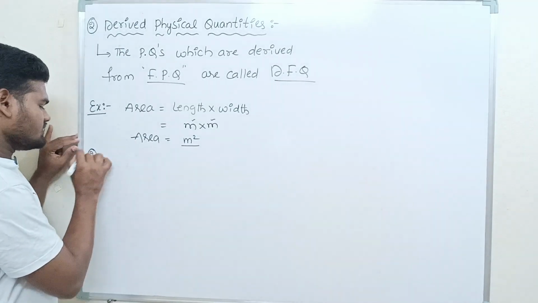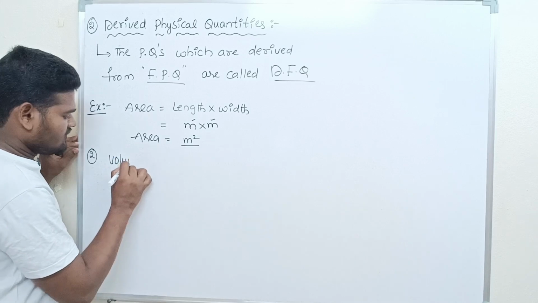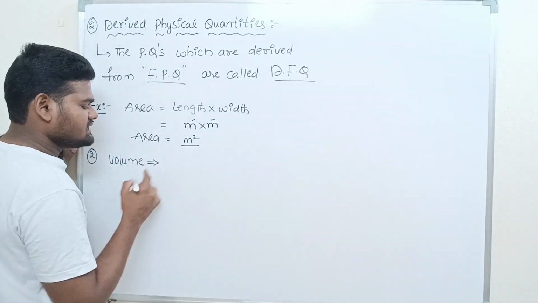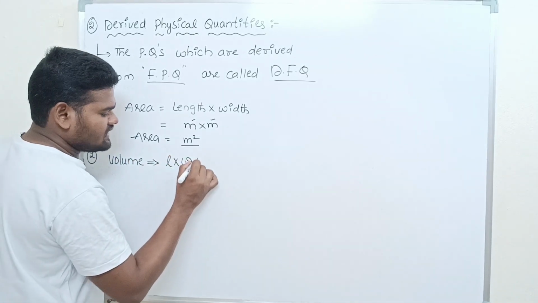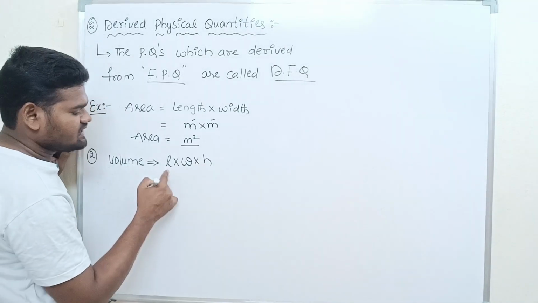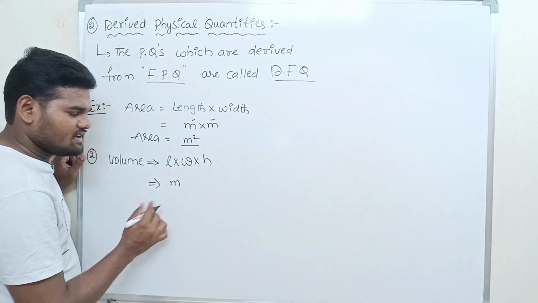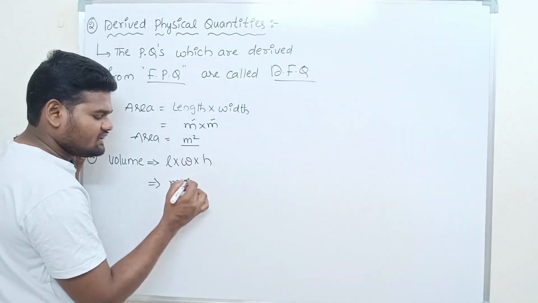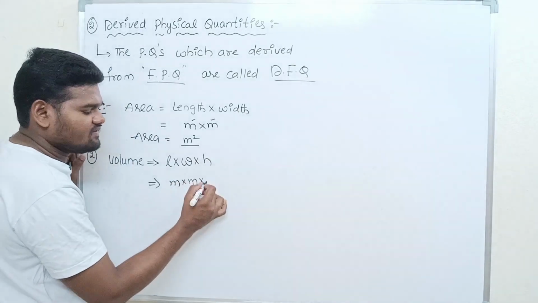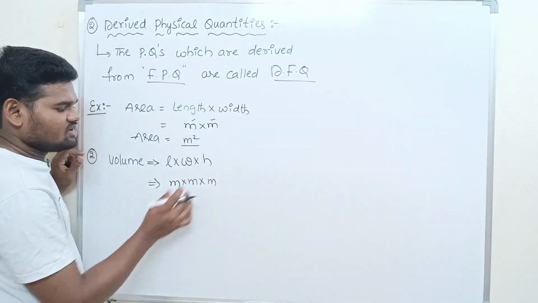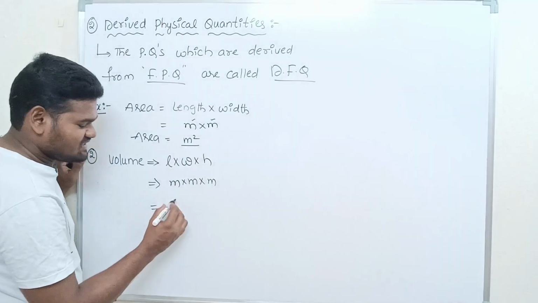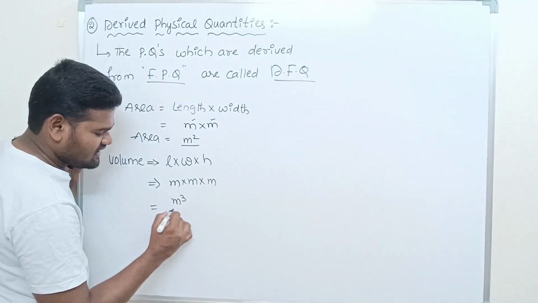The second example, volume. Volume is length into width into height. The SI unit for length is meter, for width is meter, and for height is meter. So meter into meter into meter gives meter cube.